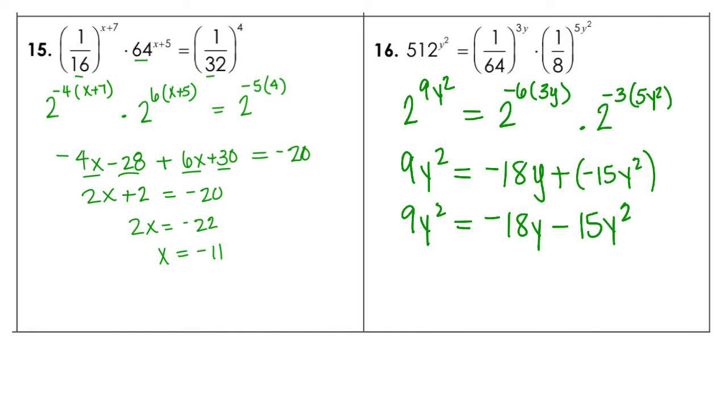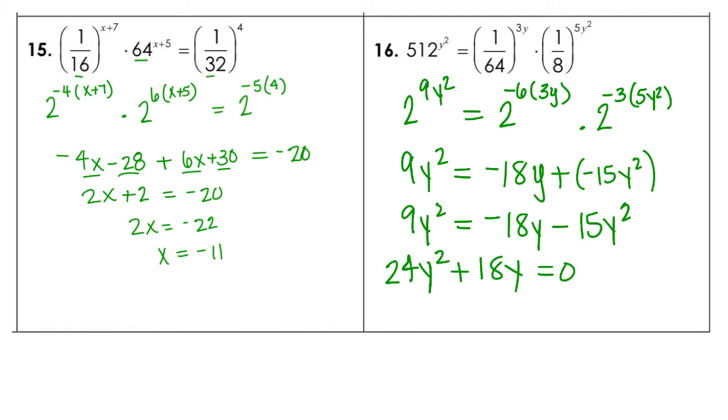So this is a good review of algebra. We do need to go ahead and get everything together that we can. I would add 15 over, so I'm going to have 24y squared, add 18y over, equals 0.